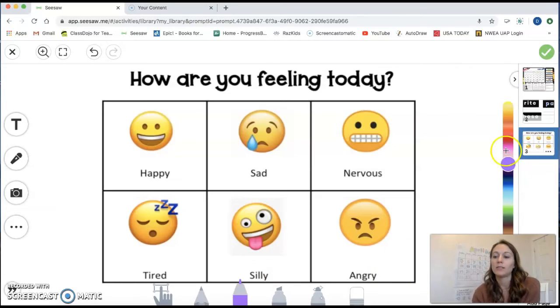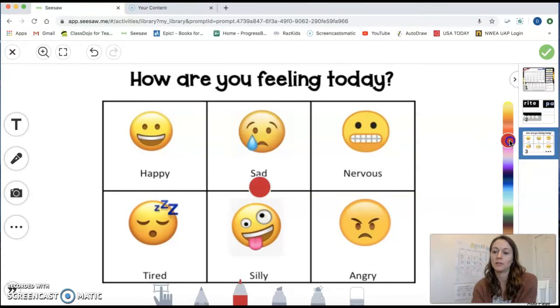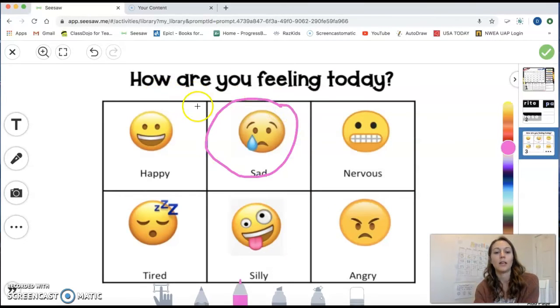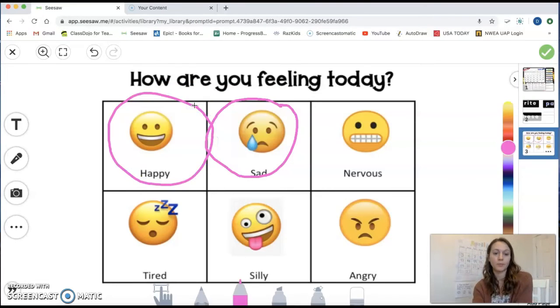So I would like you to take a pen tool. I'll pick pink. And I'm going to circle how I am feeling today. I'm going to circle sad, and I'm going to circle happy, because you can pick more than one.